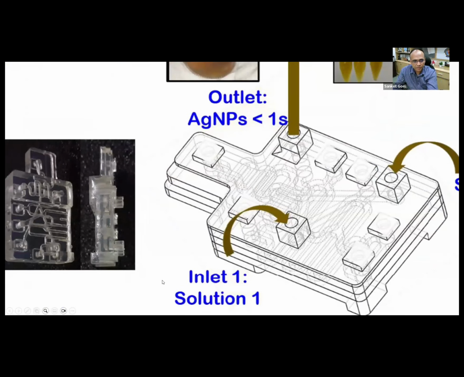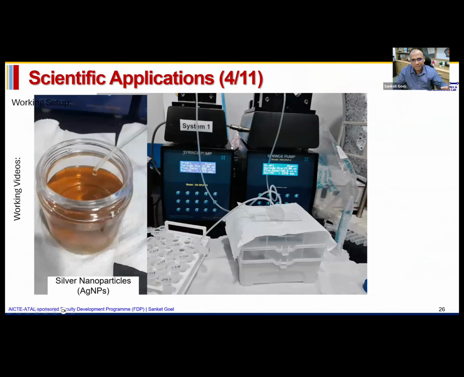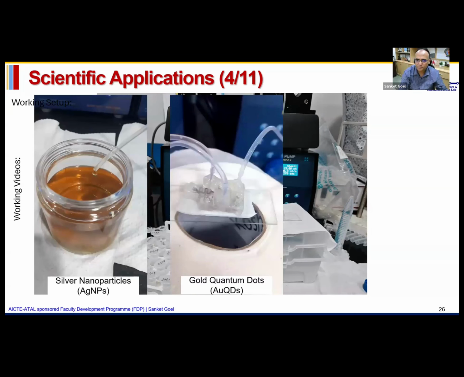Likewise, this is the entire setup. Of course, there are bulky pumps and so on, but it works very well and in a very homogeneous manner. We are also trying to reduce the size and the functionality of these syringe pumps which are in front of you so that we can make them portable and generate those nanoparticles in a much more hands-on or portable manner.